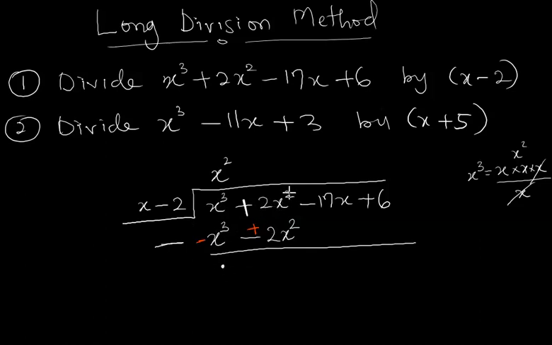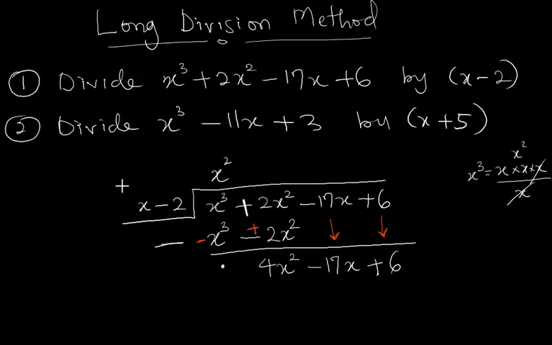Also, we have 2x squared plus 2x squared. We have 4x squared. So the next thing we're going to do here is this. We bring this down and bring this down as well.